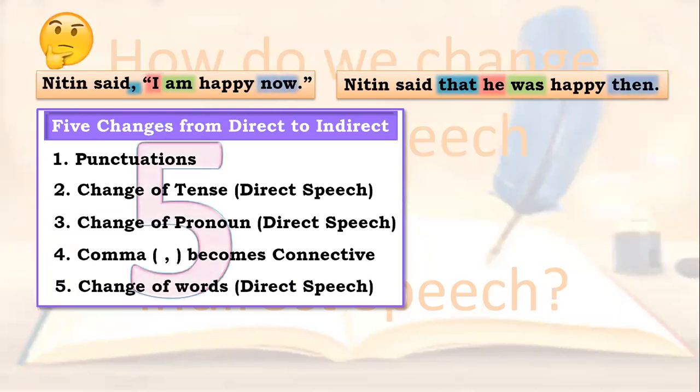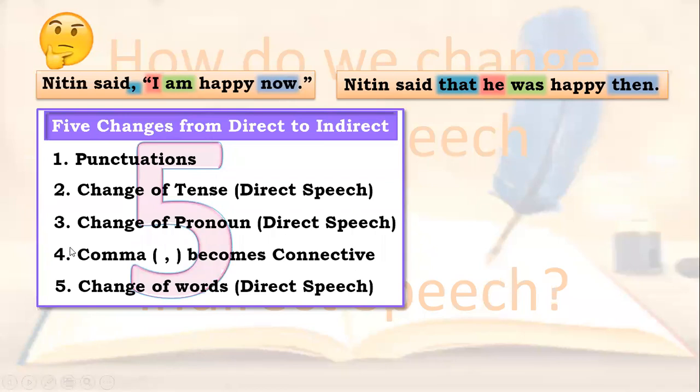Punctuations, that is, all the punctuation marks are removed from direct to indirect. The second change is the change of tense, that is, am changes to was, that is present to past. Change of pronoun, that is, I changes to he.